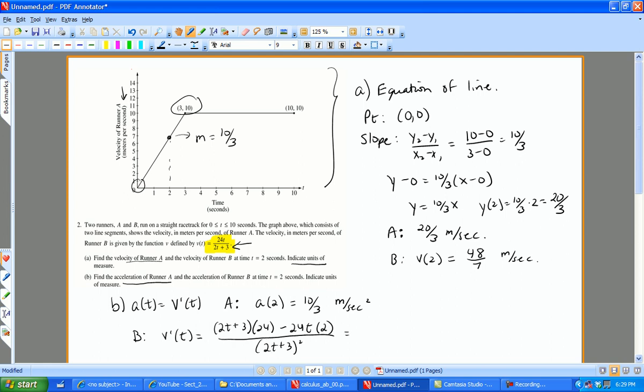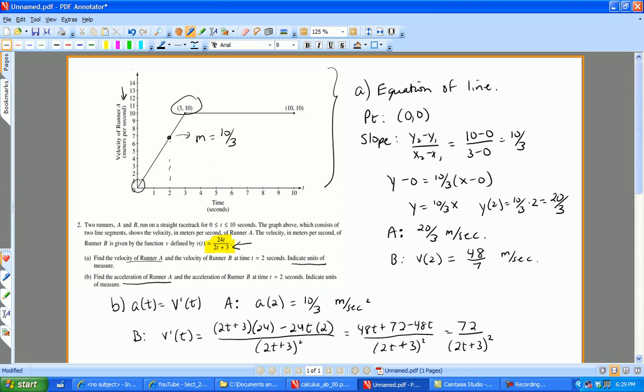If I simplify that, I think that's 48t plus, I believe, 72 minus 48t, hopefully I did the arithmetic right, over (2t plus 3) squared. So I think I just get 72 over (2t plus 3) quantity squared.